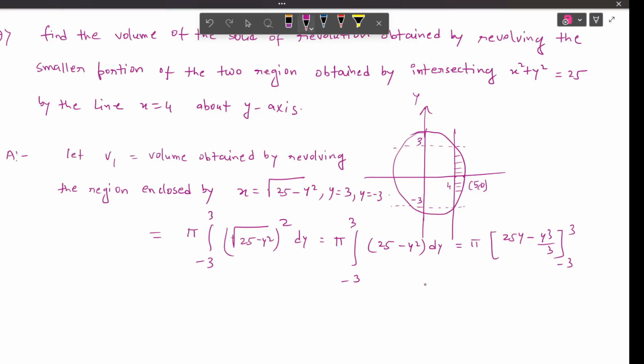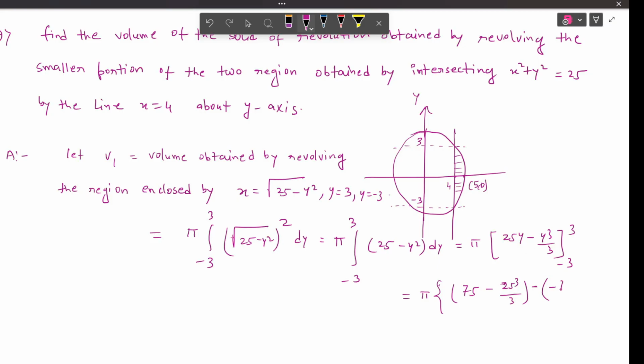Now let us put the values. This will be pi, which is 3 into 25, that is 75, minus 25 cube by 3, and minus lower limit.